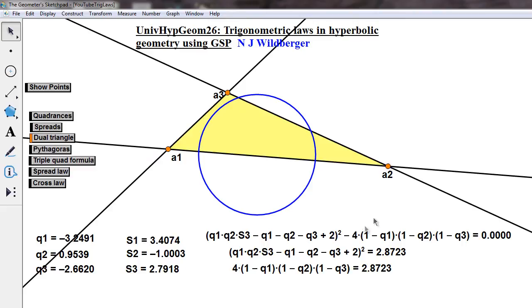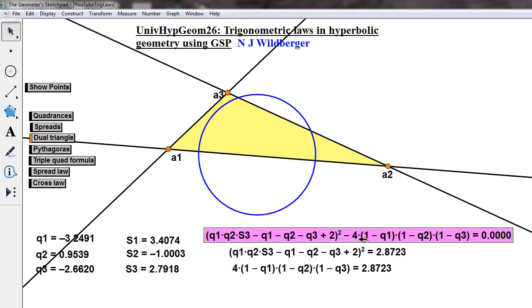So I hope you're getting some appreciation for these formulas. They may look complicated, they may look like they're quite involved, but in fact they're enormously simpler than the corresponding formulas in classical hyperbolic geometry. The corresponding formula in classical hyperbolic geometry is called the Cauchy law, and there's in fact usually two of them.